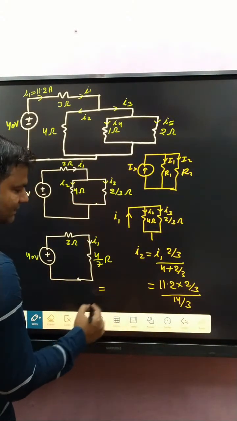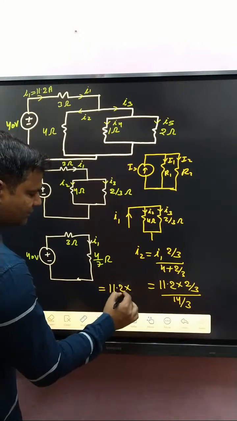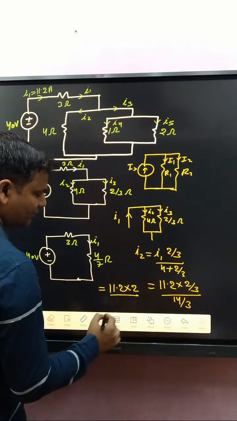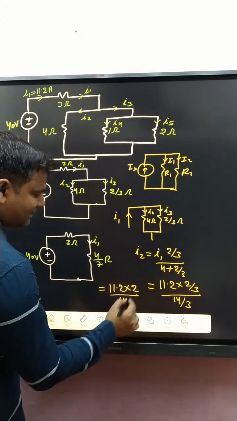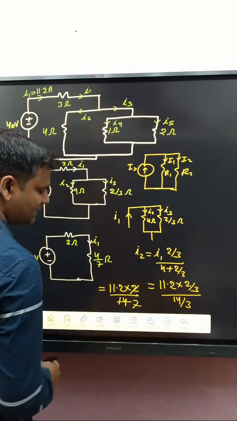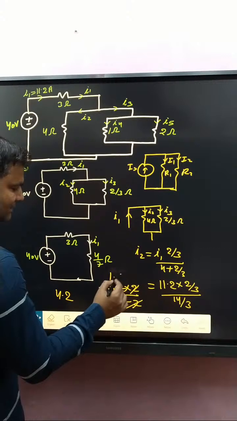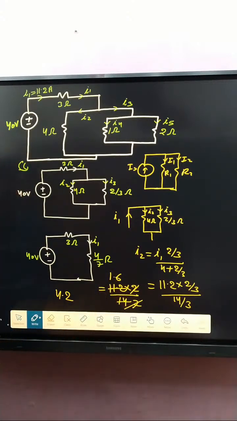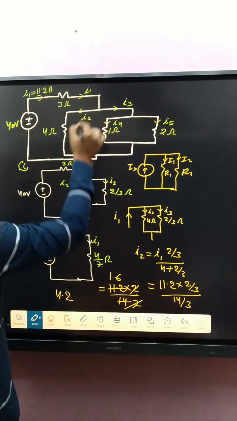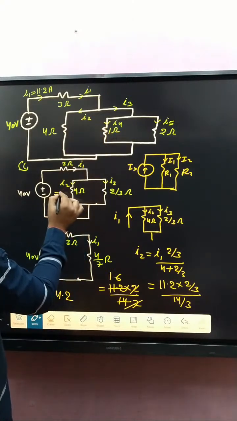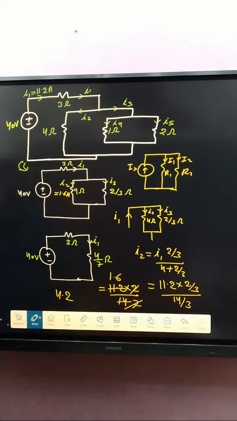After that we got 11.2 into 2 divided by 14, means you can divide by 7, and that is 1.6. So I2 is 1.6 ampere.